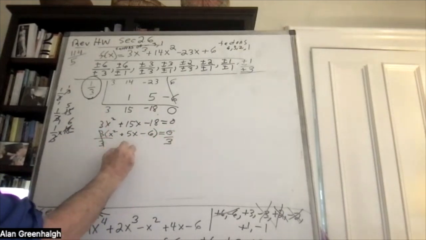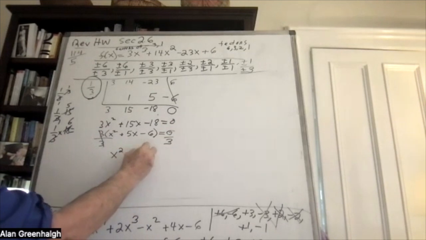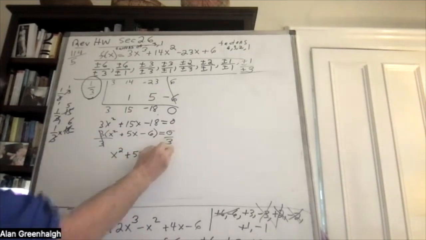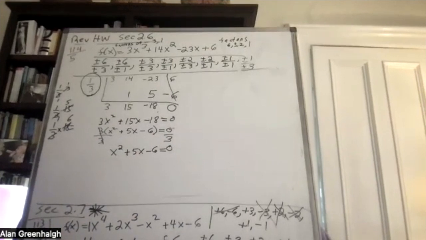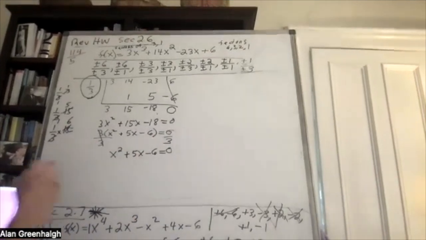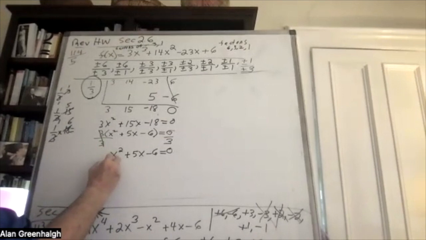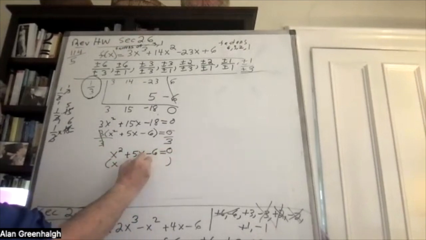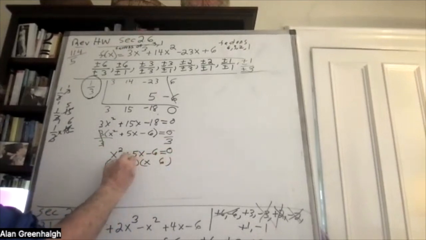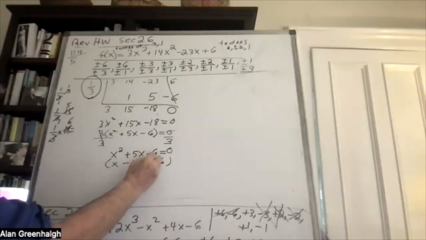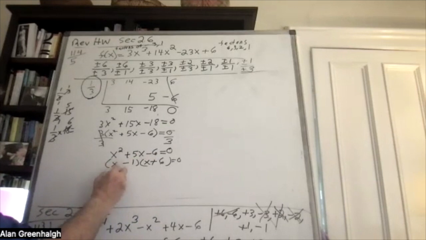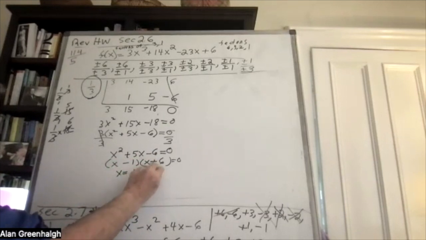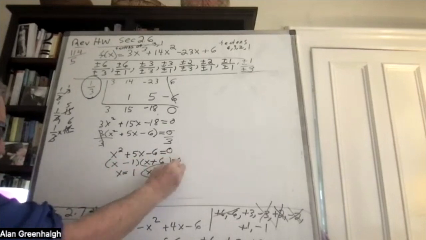Look what you're down to. You're down to a very, very easy trinomial factoring problem. It can be factored into x minus 1 times x plus 6 equals 0. X equals 1, x equals negative 6.